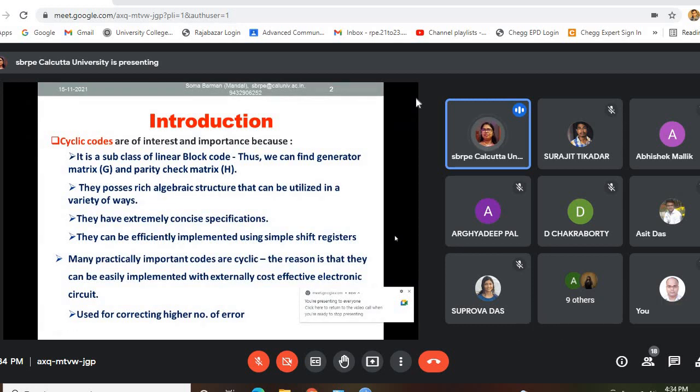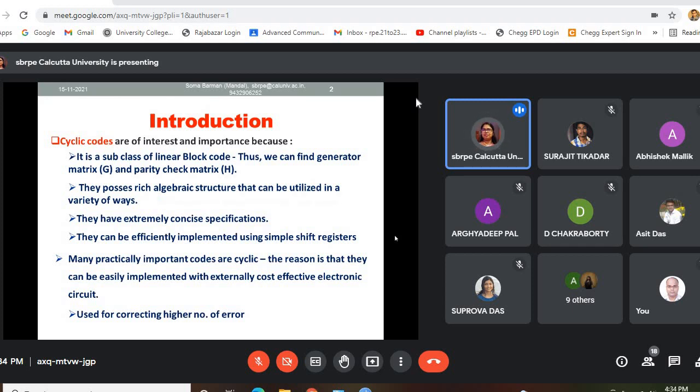So this cyclic code is practically used. It is very important for practical cases because it is a cost effective way. The design or implementation of this code is less expensive compared to other channel coding techniques, either block code, convolution code, or trellis code.